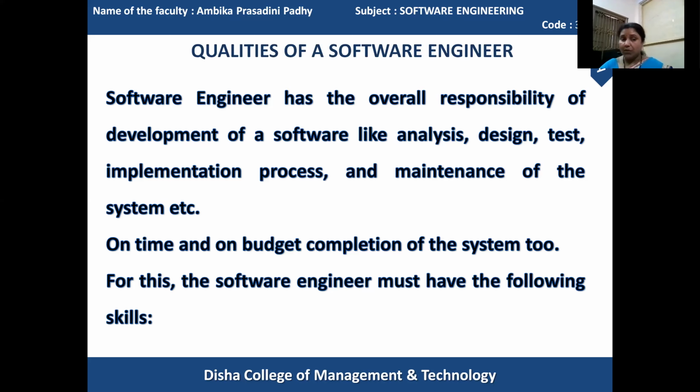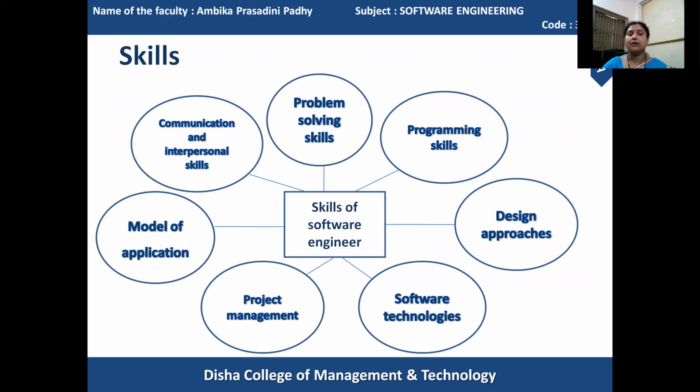The software engineer must have the following features. First, good problem-solving skills. The software systems have many activities to be performed, and all those are the problems, and they must be identified and tackled very well by the developer.